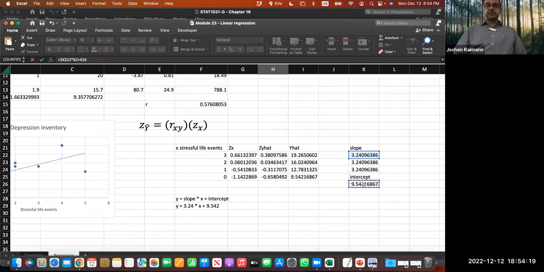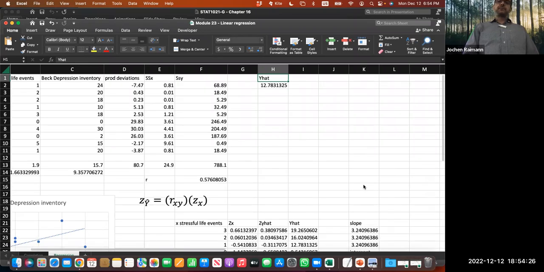I'm just using the actual intercept because it gives us all the decimals, makes it a little bit more accurate. So now adding this up, the predicted y hat for individual number 1 would have been 12.8.